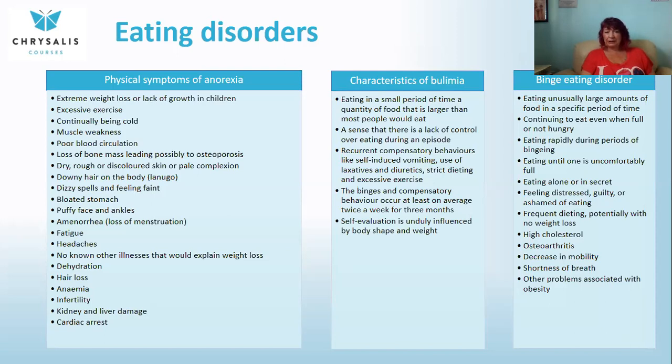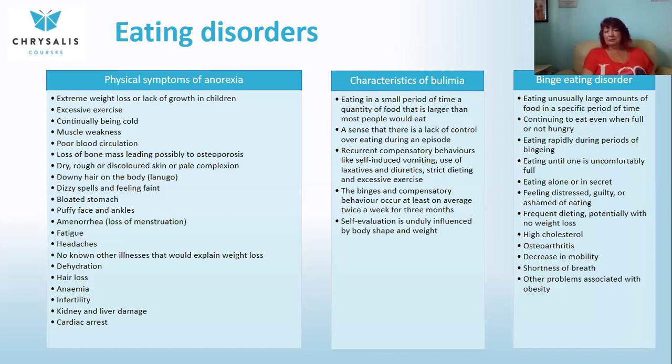Poor blood circulation, loss of bone mass, which can lead to osteoporosis. They might have pale or dry or discoloured skin, and downy hair can grow on the body. They might have dizzy spells and feel faint because they're not taking in enough food. And their stomach can bloat, and they might have a puffy face and ankles. They may stop menstruation, and they will experience fatigue and headaches.